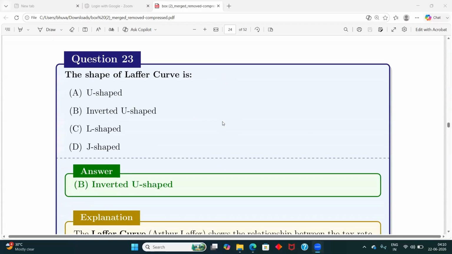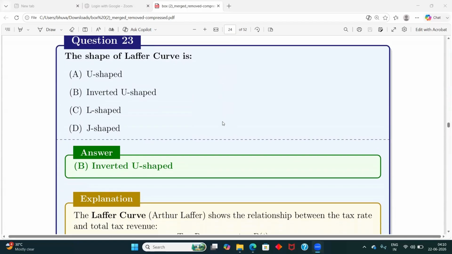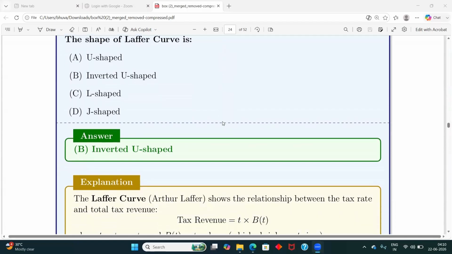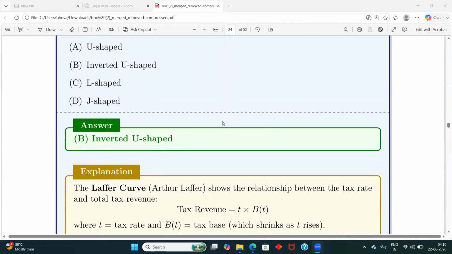Question number 23. The shape of the Laffer curve is: option A U-shaped, option B inverted U-shaped, option C L-shaped, option D J-shaped. So the correct option is B, inverted U-shape. What is the definition and relationship shown by the Laffer curve?